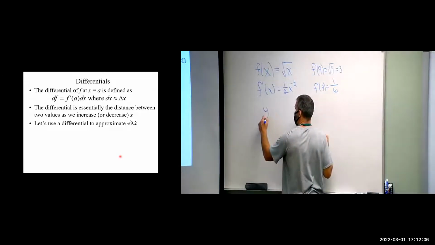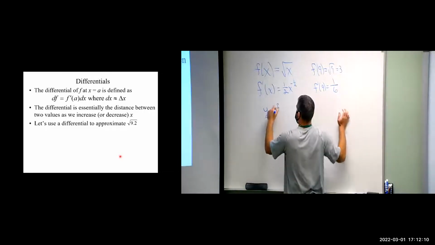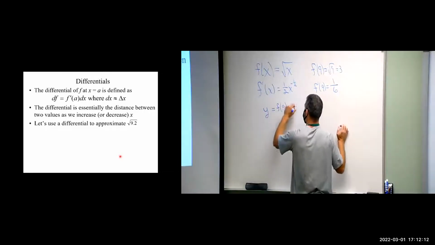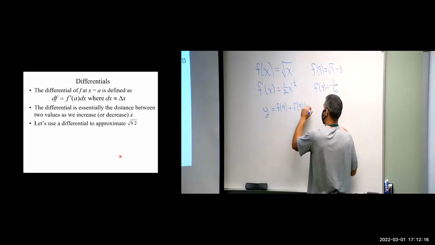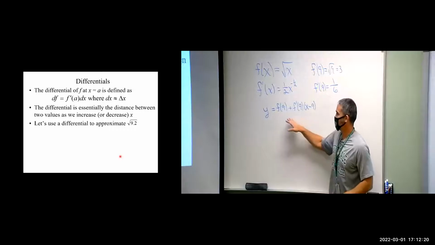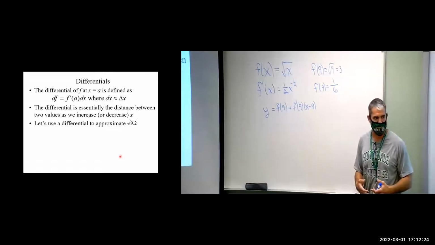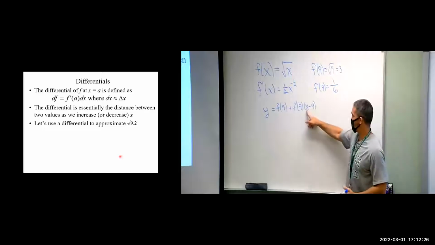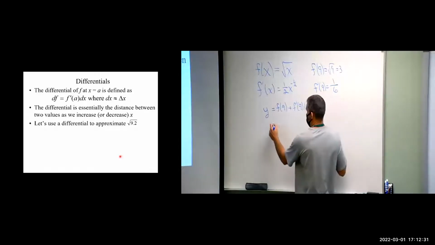Now, if we were setting up a tangent line, we would say y is approximately f of 9 plus f prime of 9 times (x minus 9). And now if we wanted to get what the square root of 9.2 is, we put 9.2 in for x. Let's do that.